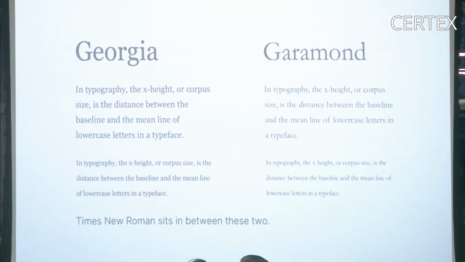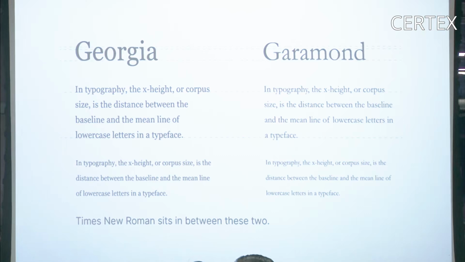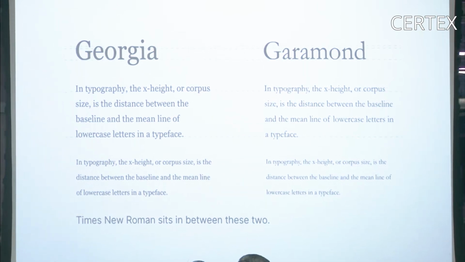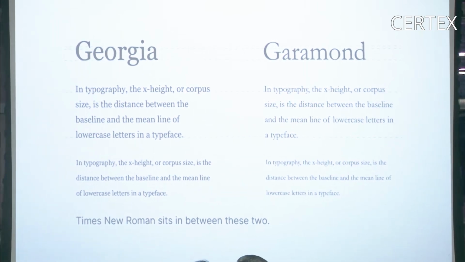So continuing with the same idea, here I have put in a more realistic environment. Here you can see the same point size, but one is easier to see because it has a larger x-height. If you see the left one, the people at the back probably cannot even read the right one.